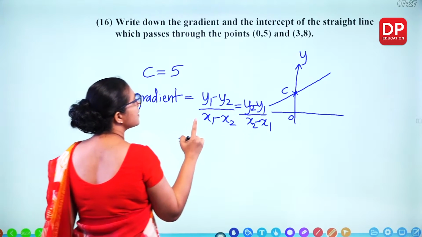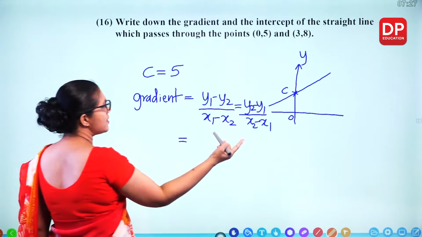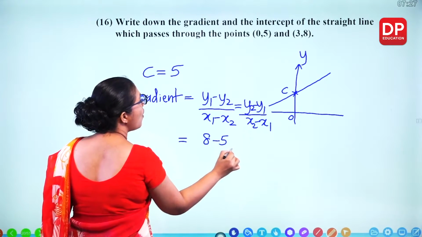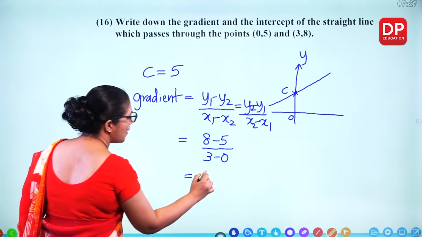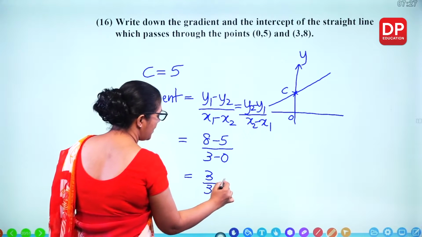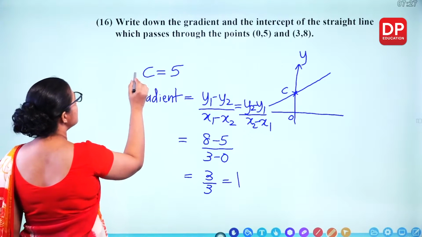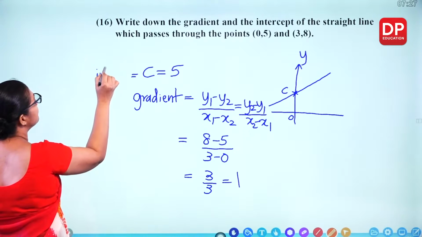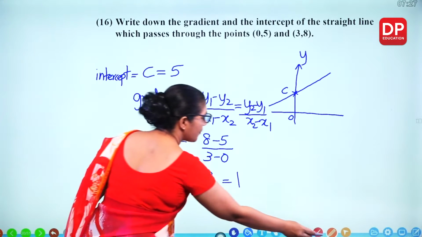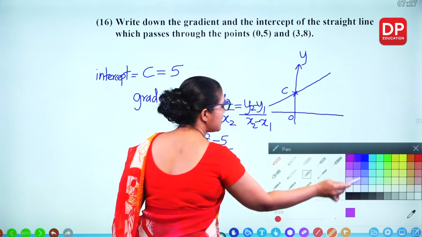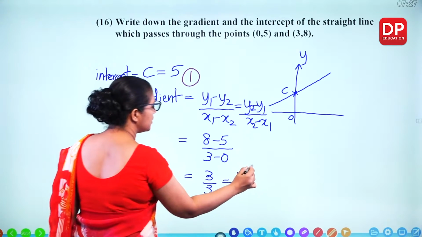So we'll apply that to (0, 5) and (3, 8). 8 minus 5 over 3 minus 0. 8 minus 5 is 3, 3 over 3 is 1. So the gradient is 1, and this is the intercept. They are just asking to find the intercept and the gradient: 1 mark and 1 mark.